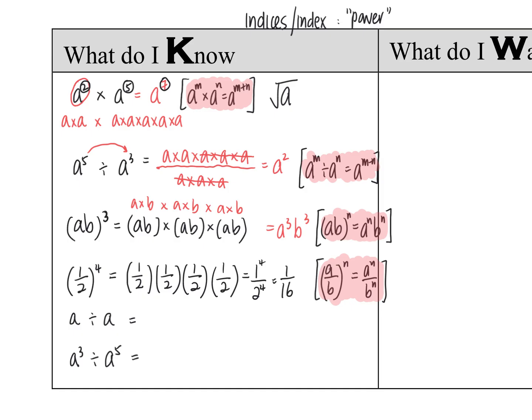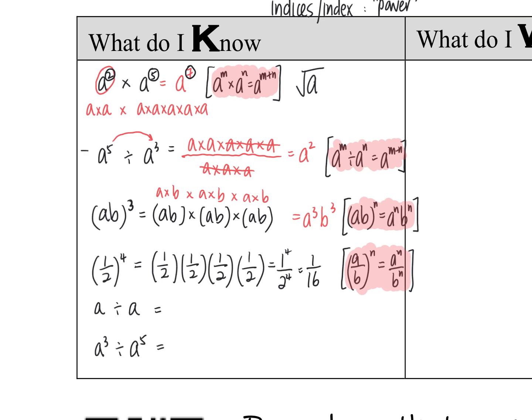Okay, if I'm using this law, what will it end up as? A to the power of what? If I'm using the law on top, the rule for division, right? What do I do to the power? Minus.